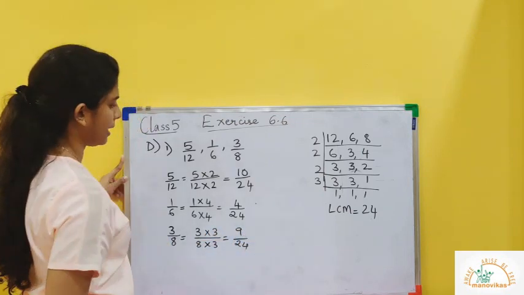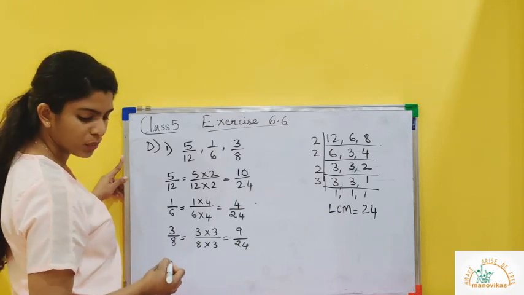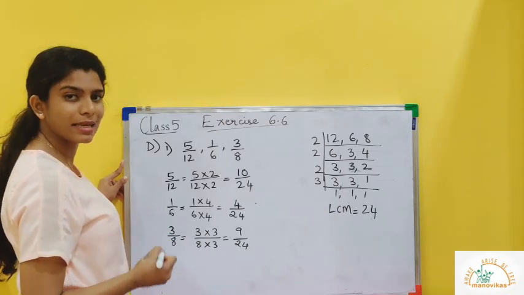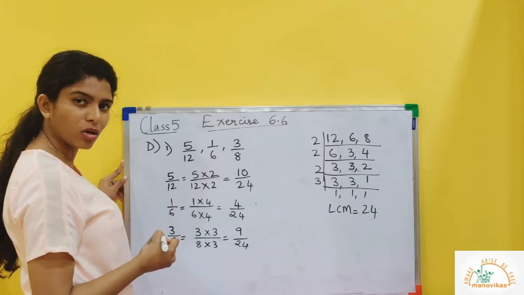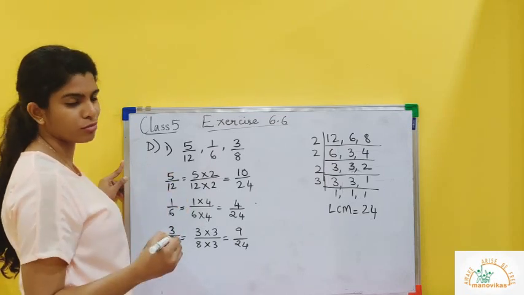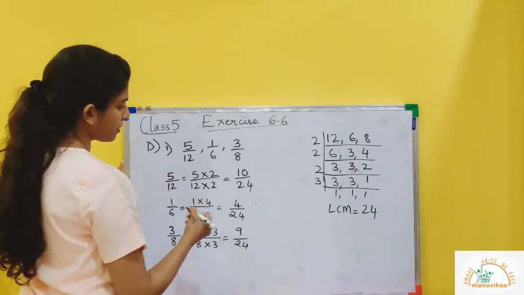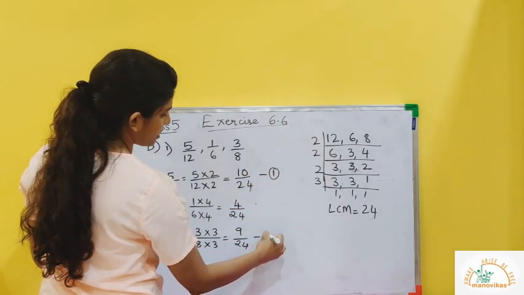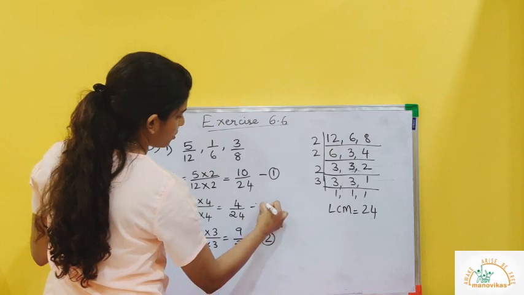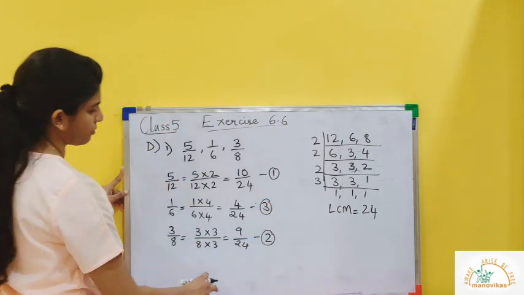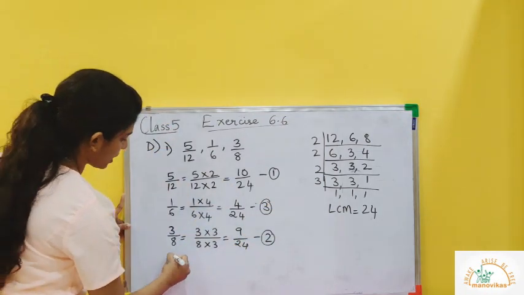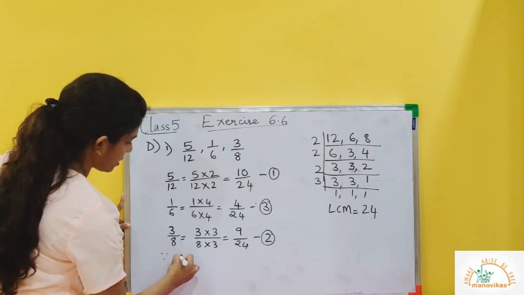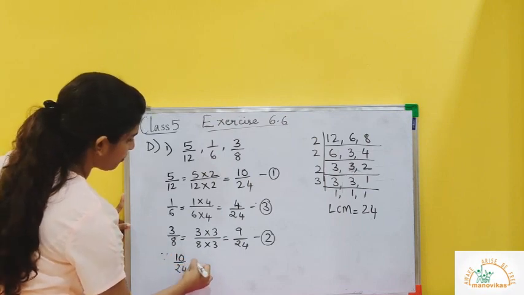3 3s are 9. So now the question is arrange in descending order. Descending order means from big to small. So we have to write the bigger number first. So 10 here is the bigger number, then second is this and the last one is 4 upon 24. So you write first 10 upon 24.